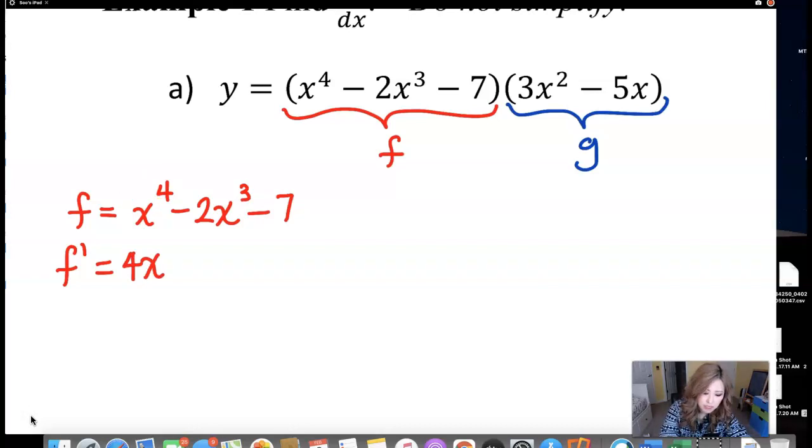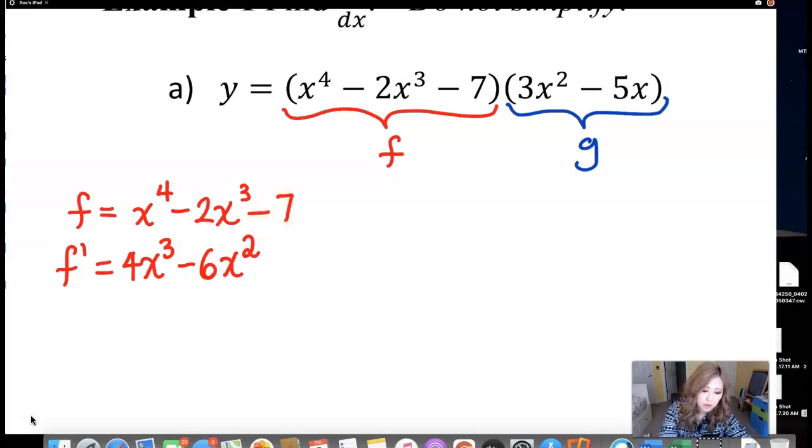The new exponent is 3. Next, bring down this 3 and multiply it by the negative 2. So that will be negative 6x to the second power. And remember, the derivative of a constant like negative 7 is just 0, so I don't have to put minus 0, okay? So I am done finding the derivative of f.